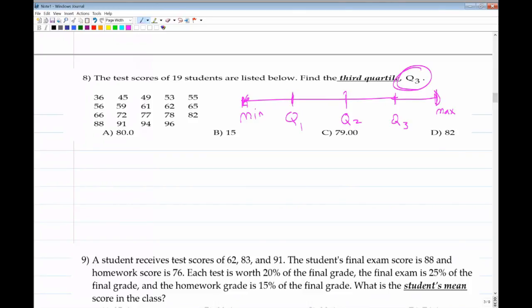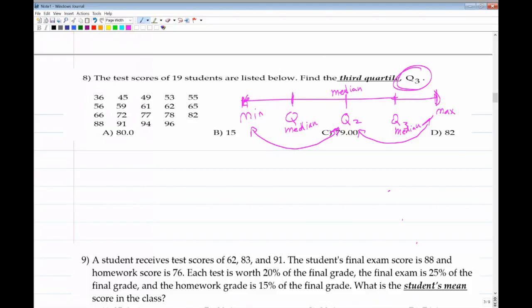So Q2 is your median of the whole entire data. If you look at this one, that will be the median right here. So Q1 will be the median in the first set of the data, but Q3 will be the median for the last one.